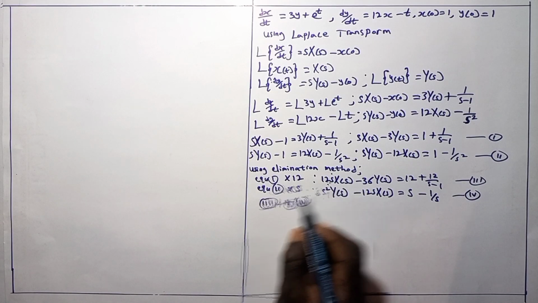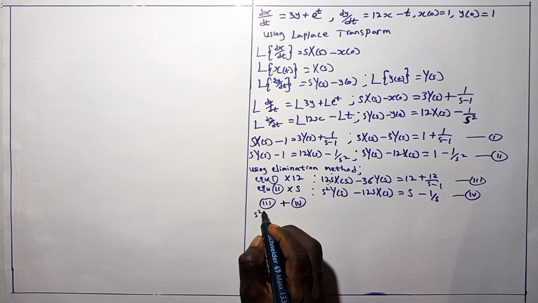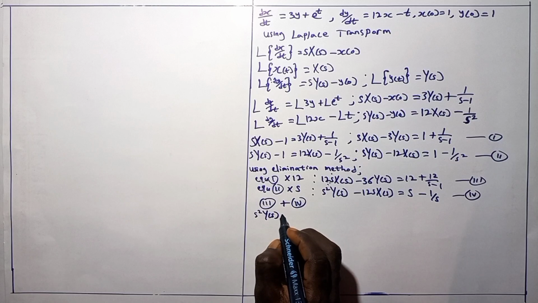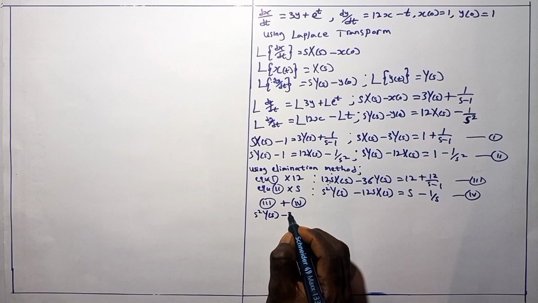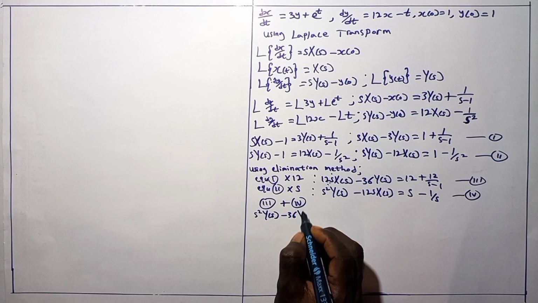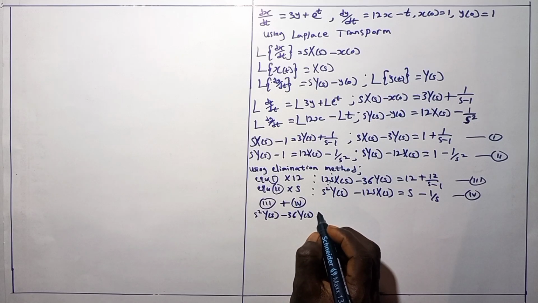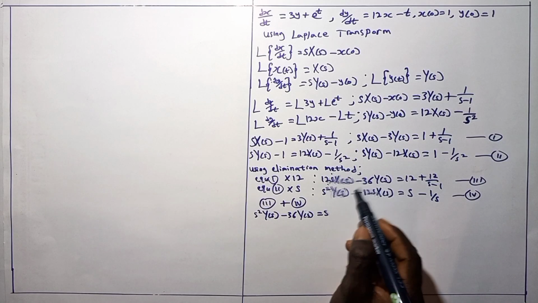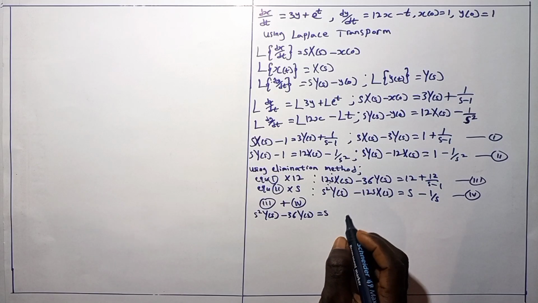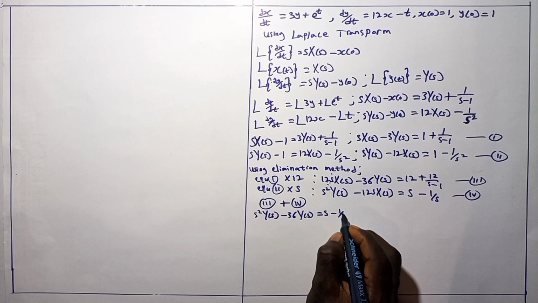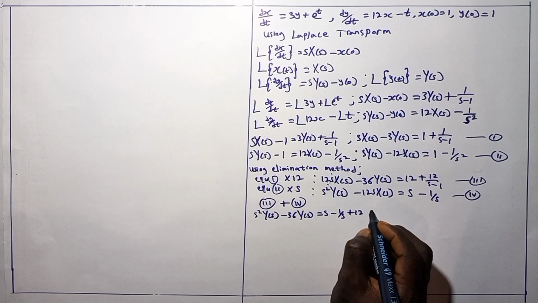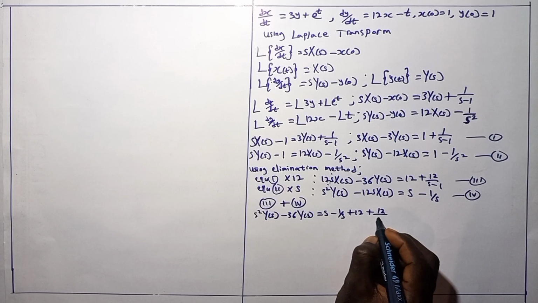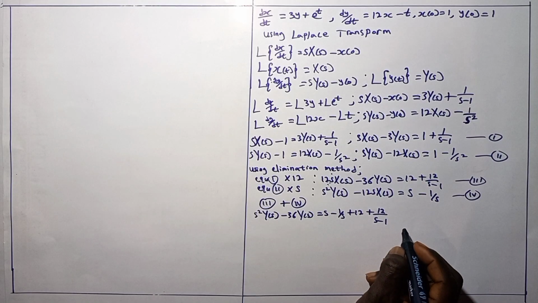So I'm left with s squared minus 36 y of s is equal to, then we are adding this, then we are adding this as well, s minus 1 over s plus 12 plus 12 over s minus 1.